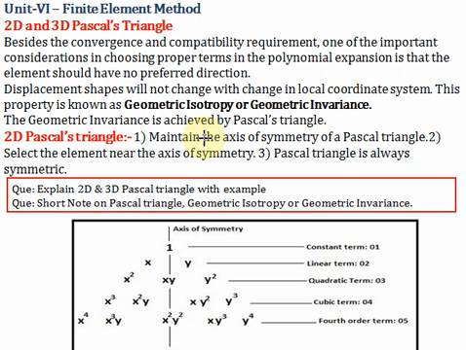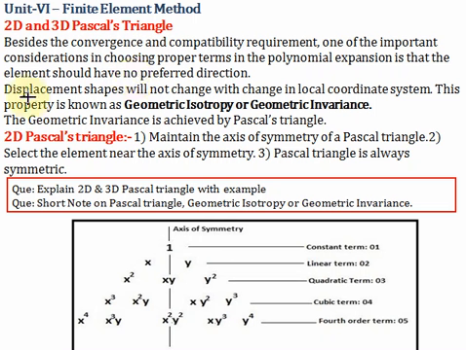This is also a very important topic in finite element method. So what is the 2D and 3D Pascal triangle? Besides the convergence and compatibility requirements, one of the most important considerations in choosing the proper terms in the polynomial expansion is that the element should have no preferred direction.